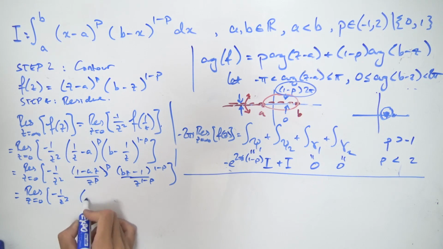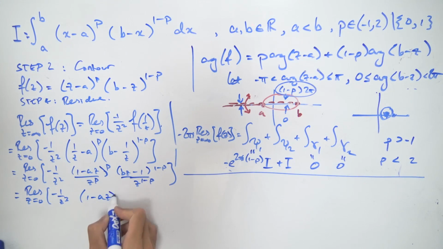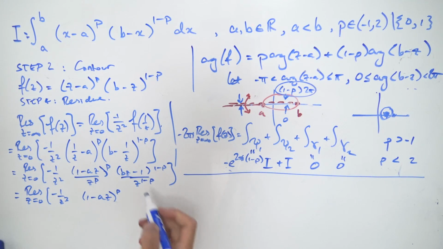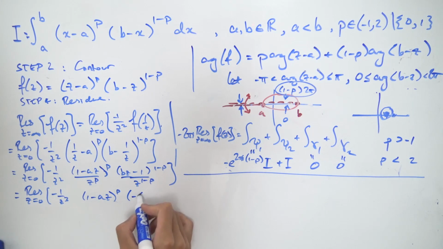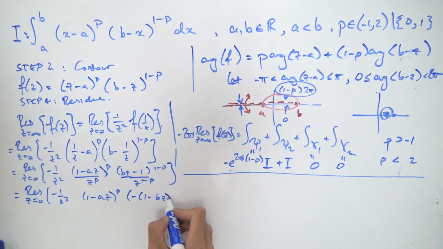And now we have 1 minus az to the p. And I also want to make a couple modifications to this second factor over here. Notice we have minus 1. I want to turn that into a 1 somehow by introducing a negative inside of there. So ideally we want something like 1 minus bz, just to make things a bit cleaner, and this is raised to the 1 minus p.